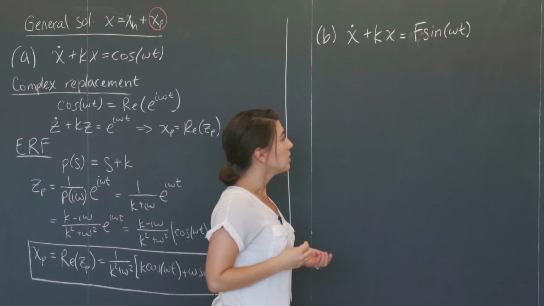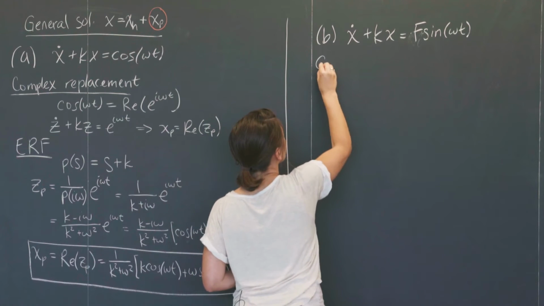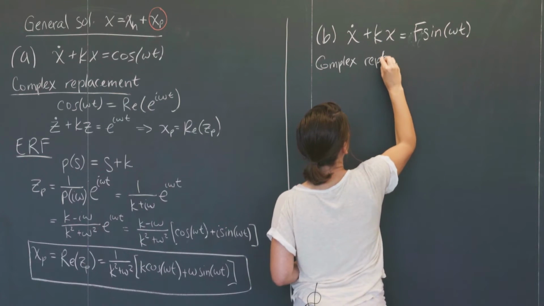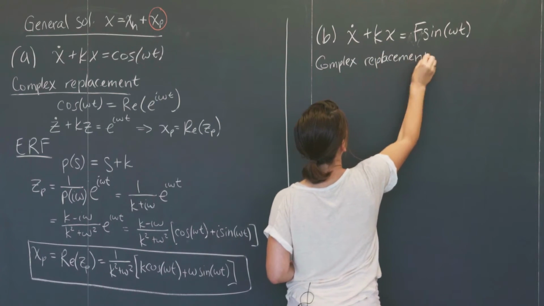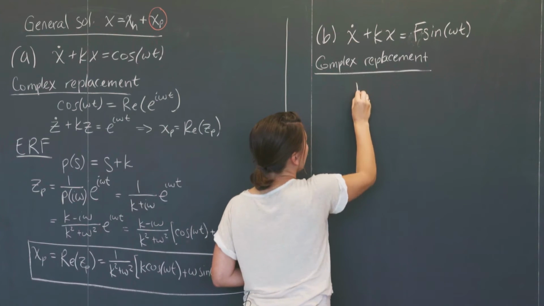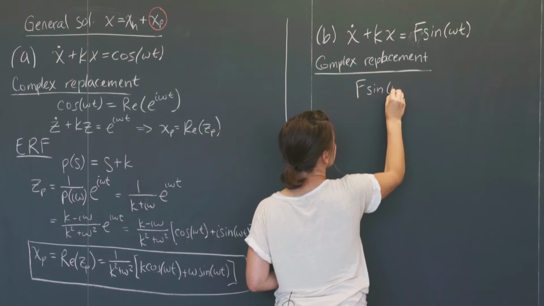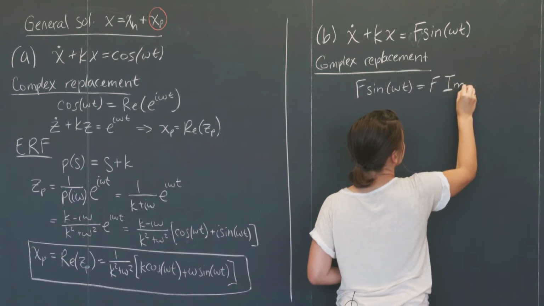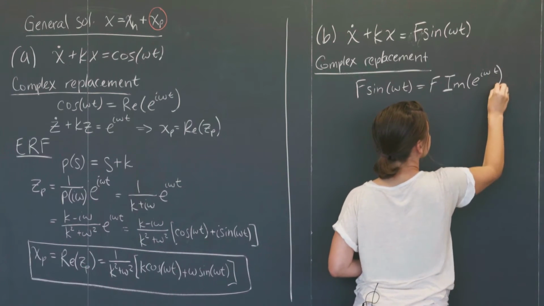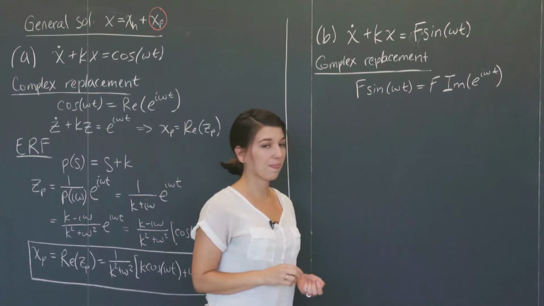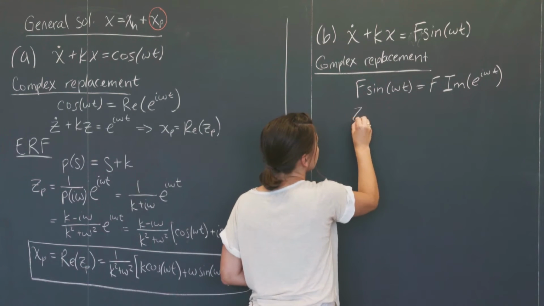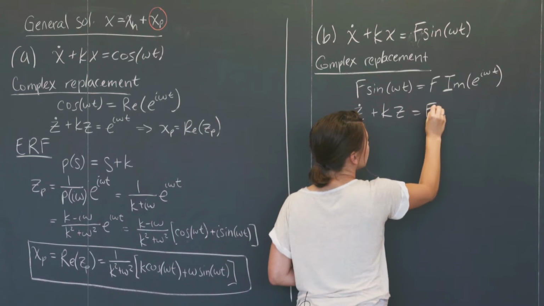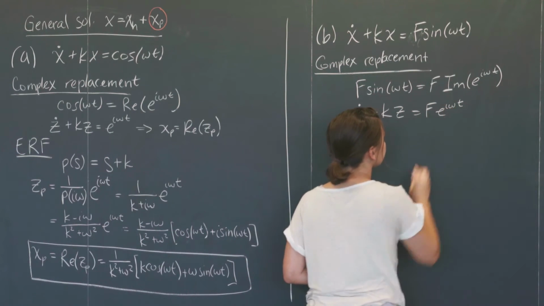If we use complex replacement again, we notice that f sine of omega t is equal to f times the imaginary part of e to the I omega t. So the complexified ODE is z dot plus kz equals f times e to the I omega t.